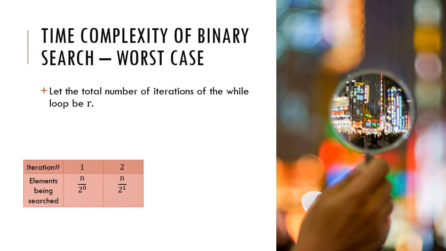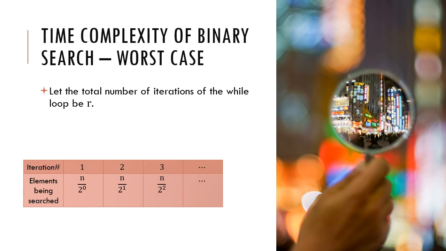we are working with n divided by 2 to the power 1. In the next iteration, again these elements will be halved. So in iteration number 3, we are searching through n upon 2 to the power 2 elements. This continues.